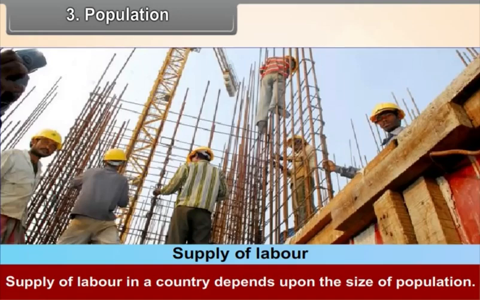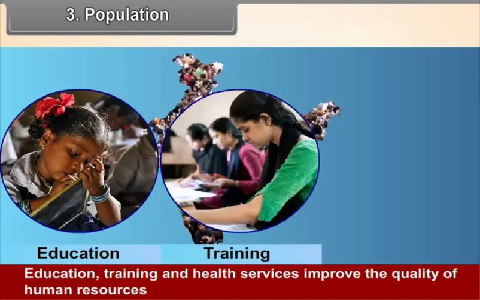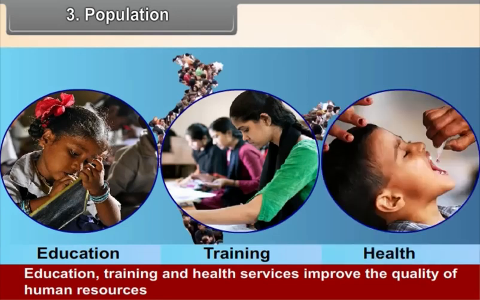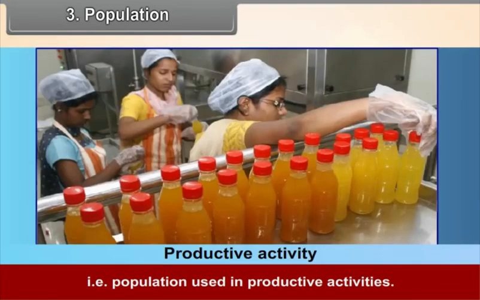Population. Supply of labor in a country depends upon the size of population. Education, training, and health services improve the quality of human resources. Example, population used in productive activities.